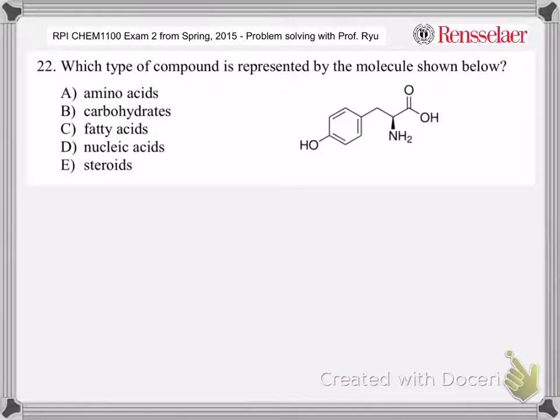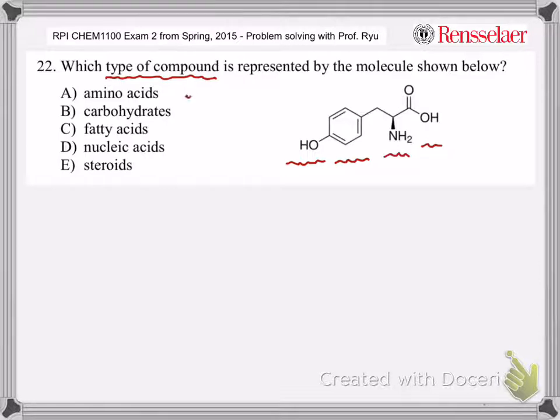Now the question is, which type of compound is represented by this molecule shown up here? It looks very complicated, right? It looks like there are OH groups here, benzene-like aromatic groups here, an amine and a carboxylic acid. This is really different.